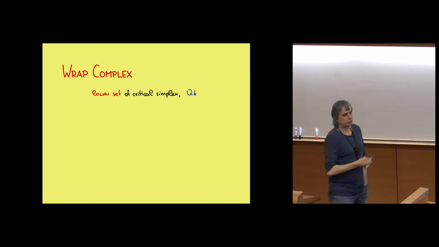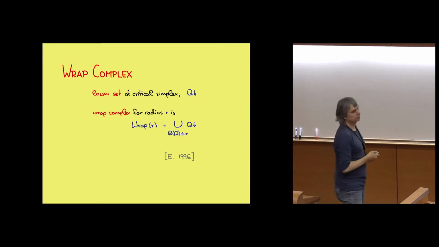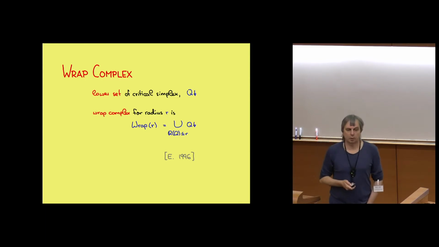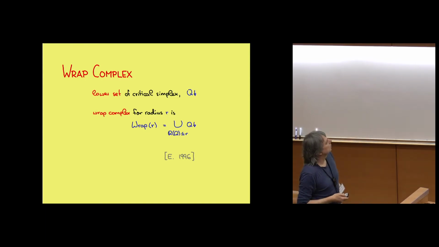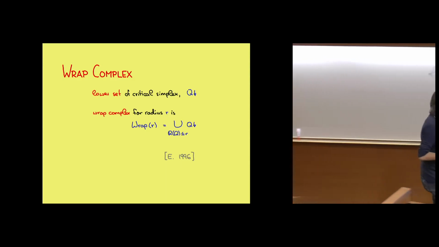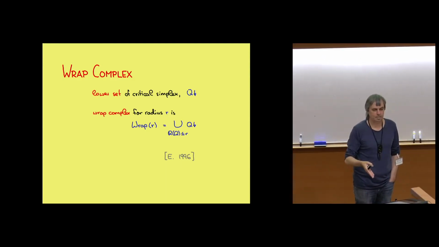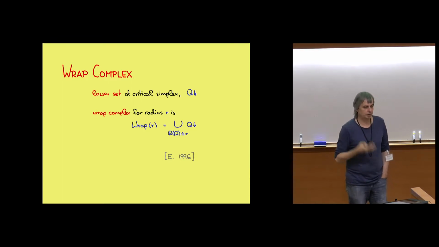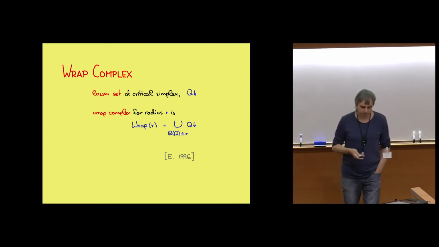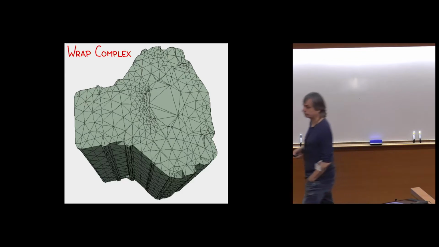Okay, so I have this lower set. And the wrap complex is just the union of all lower sets of critical simplices with radius at most some r. Okay. This definition might be very much encoded, but I prefer it to the very lengthy definition that we used to use when we came up with this concept, because this defines things like this.